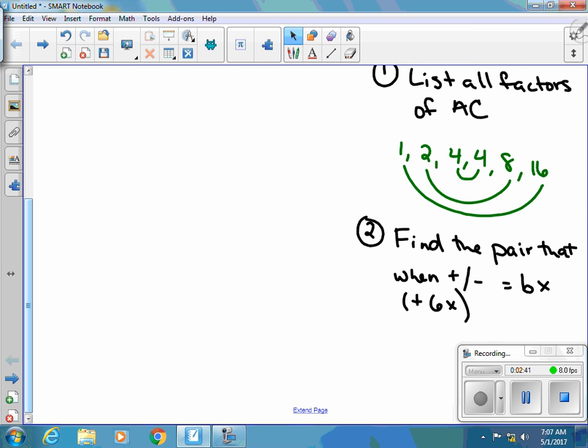So we need to figure out which factor pair gives us that 6x. So 4 plus 4 would give me 8. 4 minus 4 would give me 0. 2 plus 8 gives me 10, but 8 minus 2 would give me that 6x. So we go 8x minus 2x.